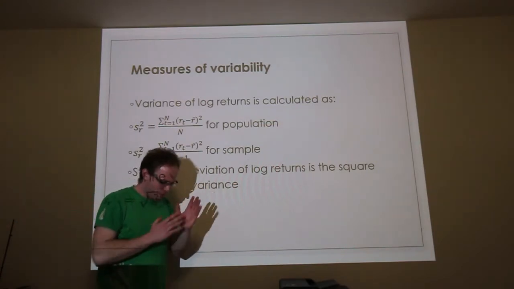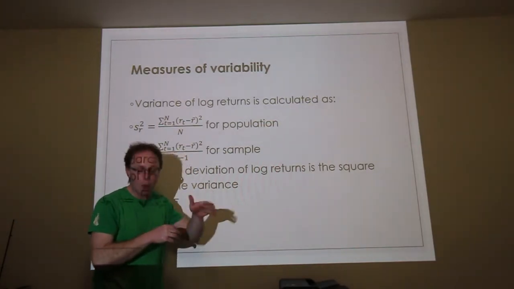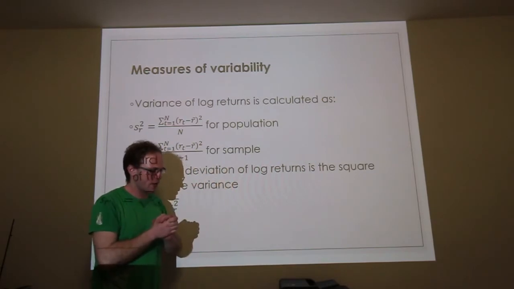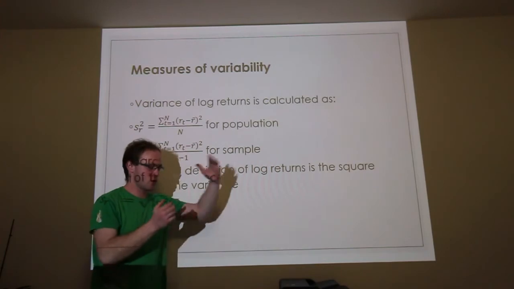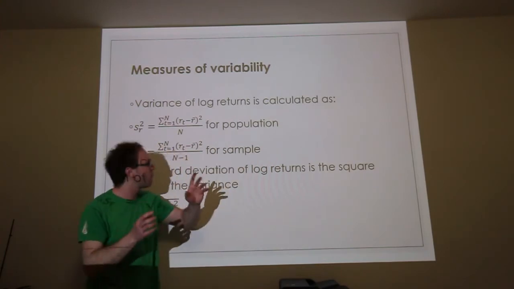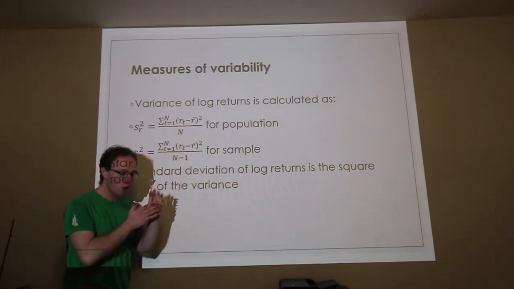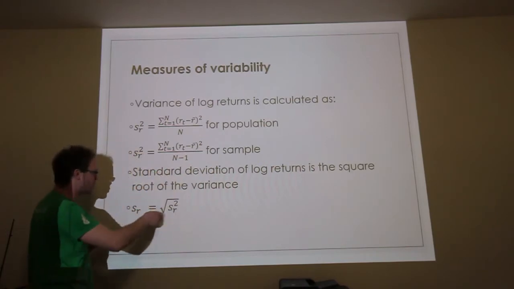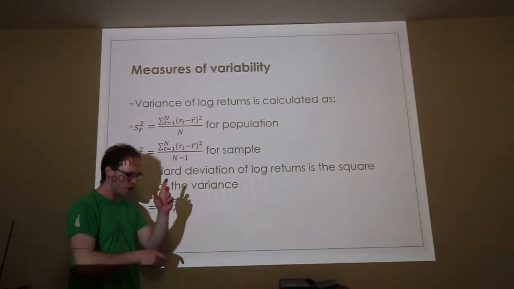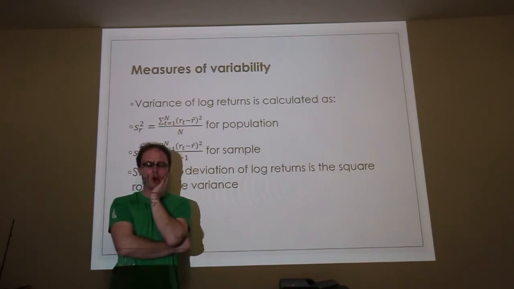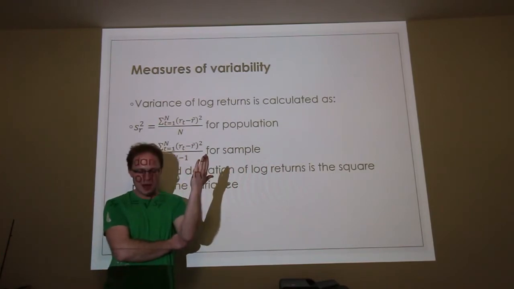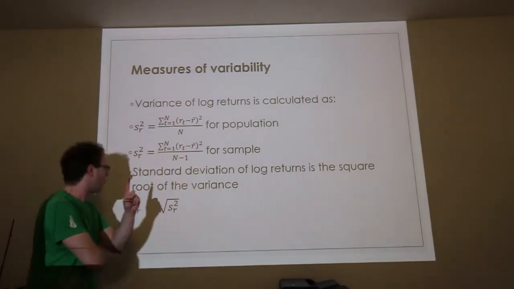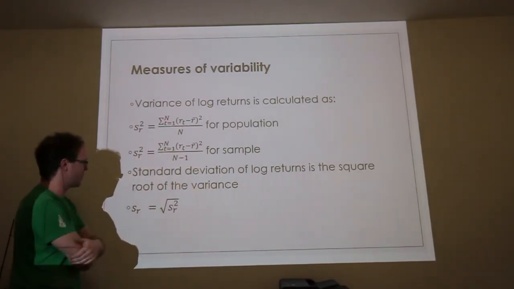Very often in most software, when you calculate the measures of central tendency and measures of variability, you only get the standard deviation calculated. So if you need to know the variance, we must calculate the second power of this standard deviation.